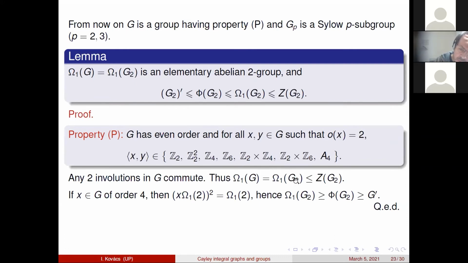So this Omega-1 of G_2 must be in the center of the Sylow 2-subgroup, and we get the first part. To get the other part, take an element of order 4. This equation tells you that if you quotient by Omega-1 of G_2, you get an elementary abelian 2-group. Because of that, this group should contain the Frattini subgroup, which contains the derived subgroup. So you just finished. If you write this together, you will get exactly this chain of relations.